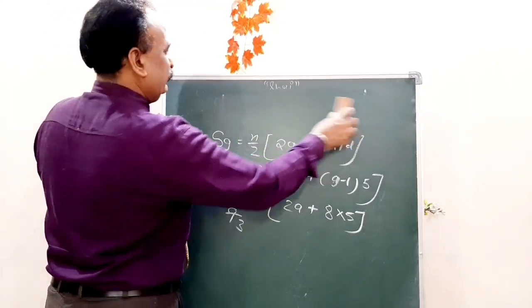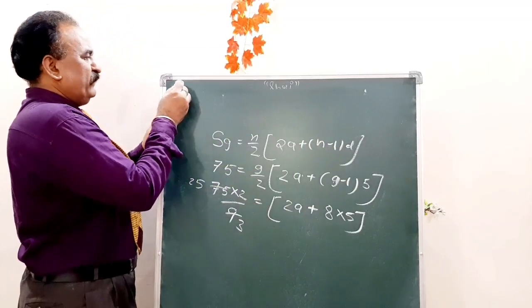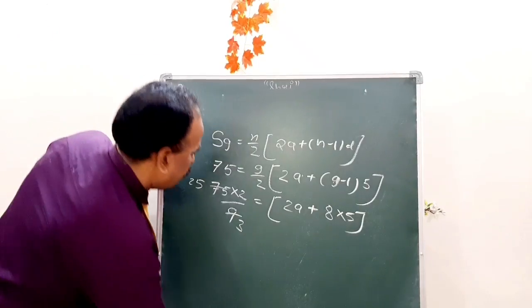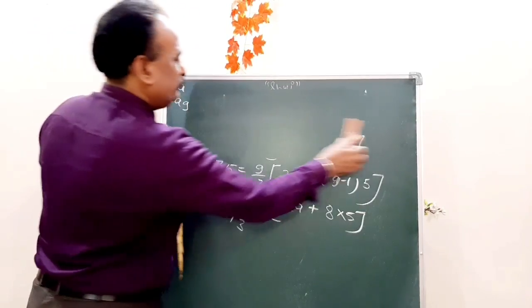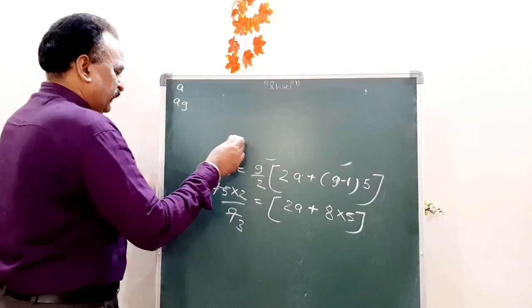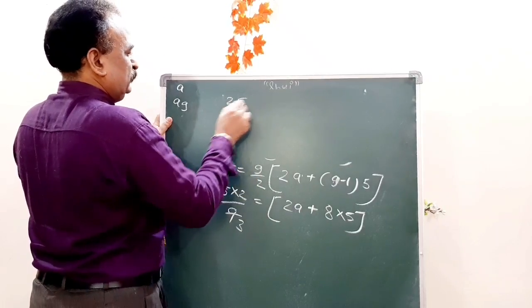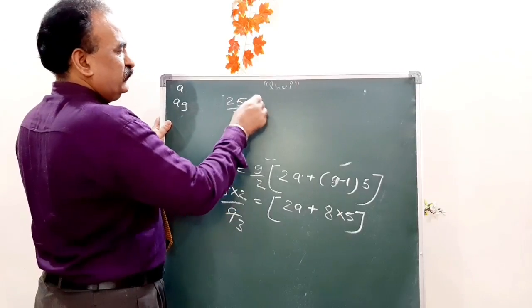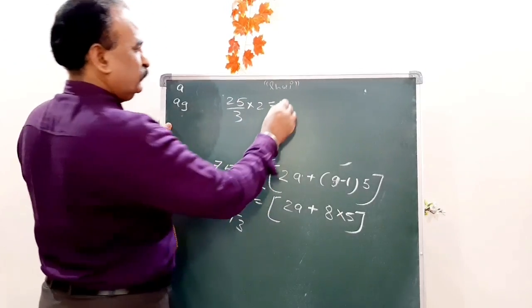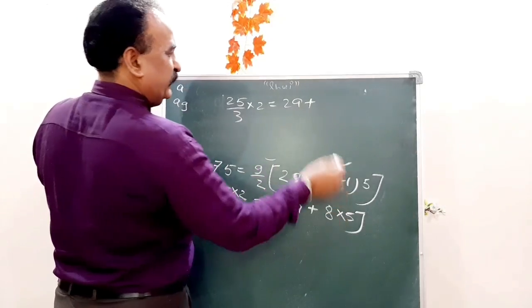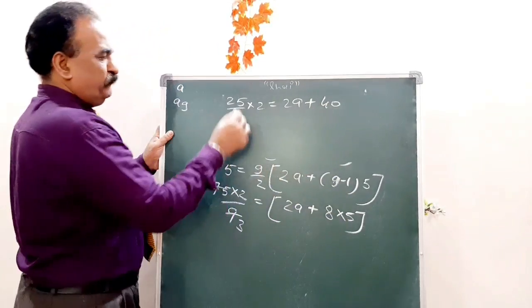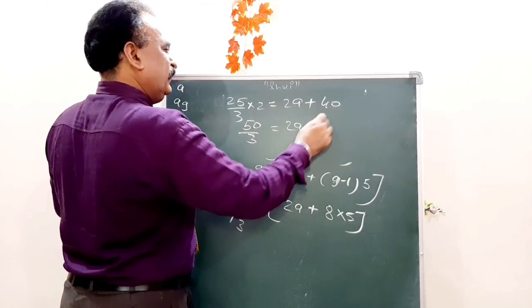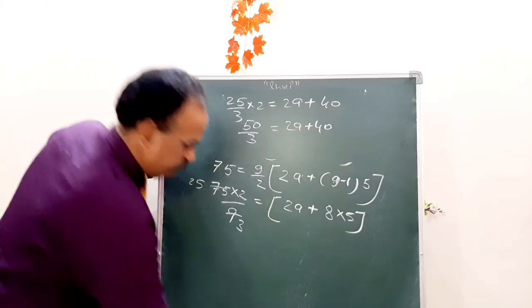Just write here, find a and a9. This you have to find. Now 25 by 3 into 2 is equal to 2a plus 40. Now 50 upon 3 is equal to 2a plus 40.